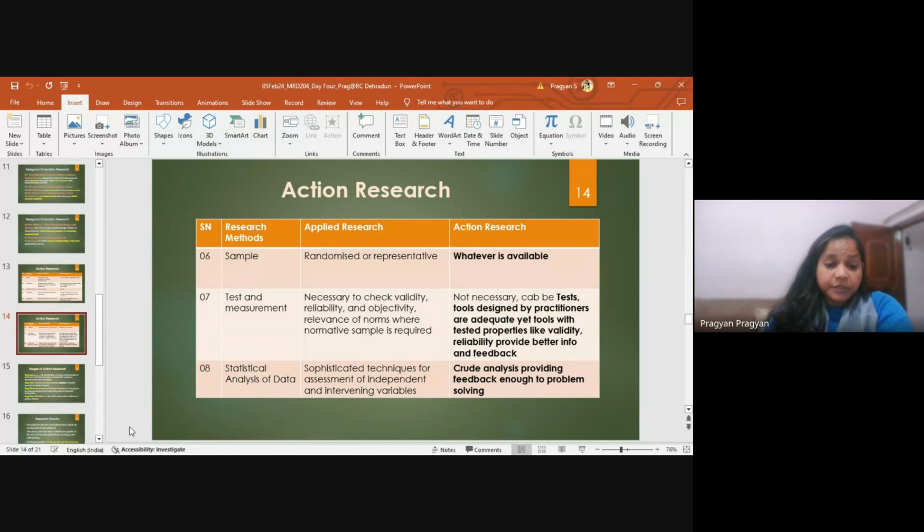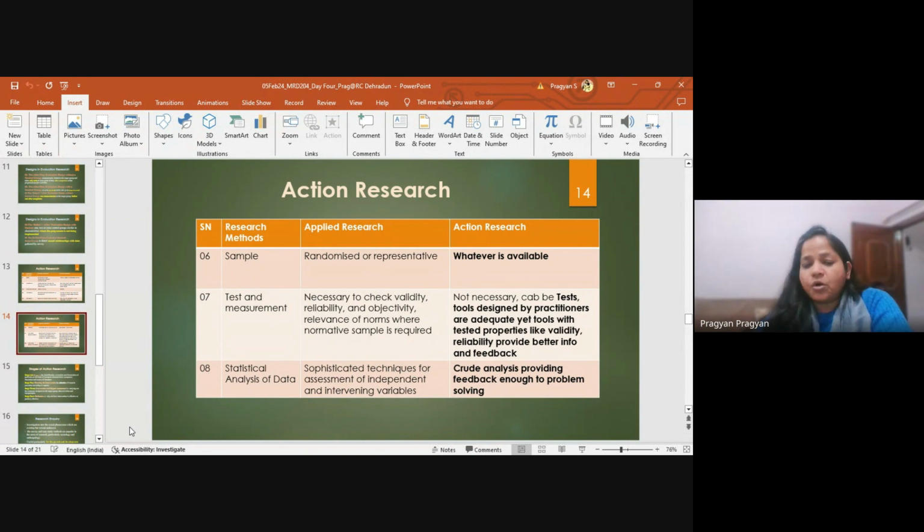And that is why the first and last guiding principle in action research is not to compromise the validity and reliability of your research, but it is action oriented, means it is very specific in its orientation.